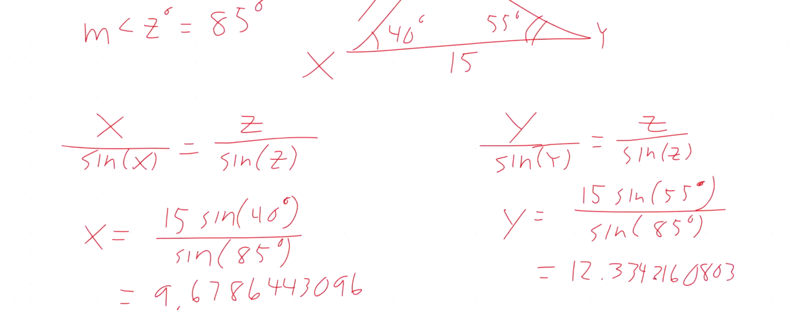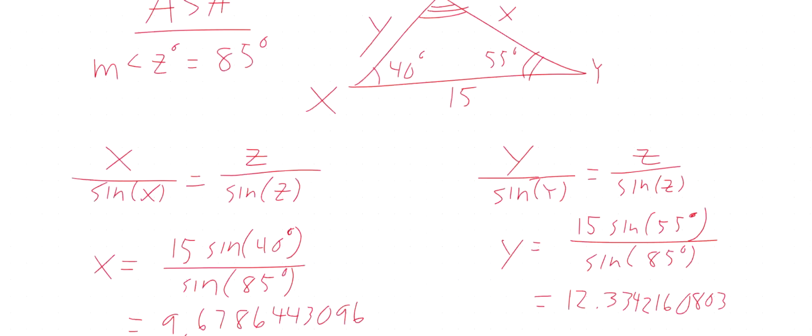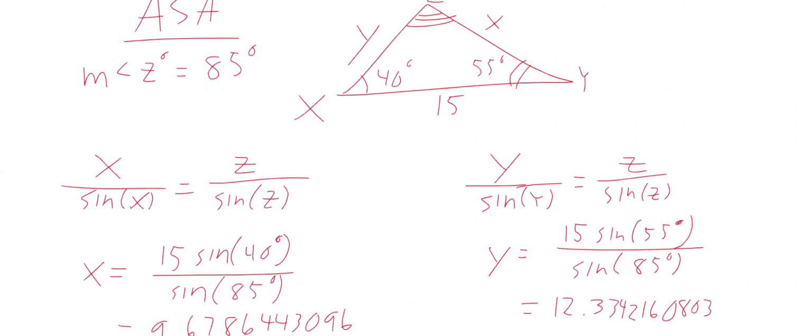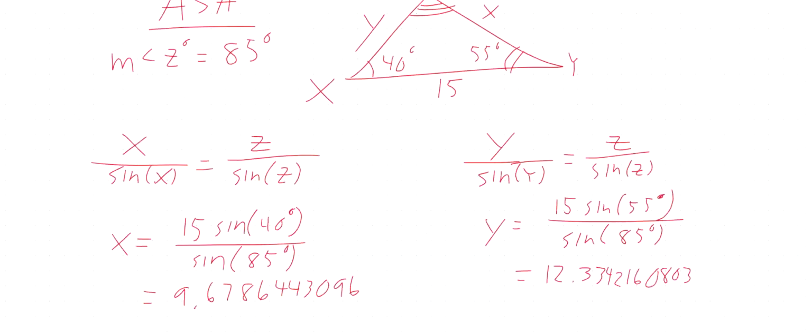Make sure this 2 looks more like a 2. There we go. All right, so let's do our comparison with our scaling inequality. Z is our biggest angle at 85, and it's our biggest side length at 15. X is our smallest angle and our smallest side, and Y falls in the middle.